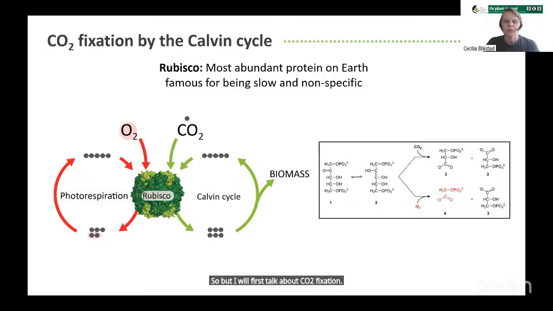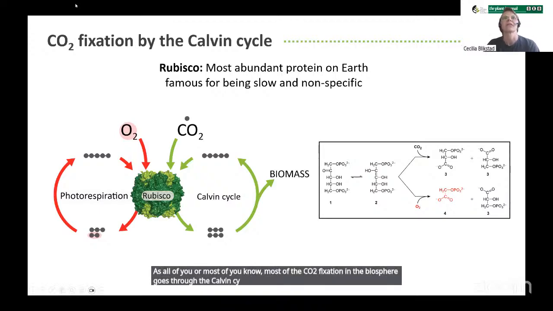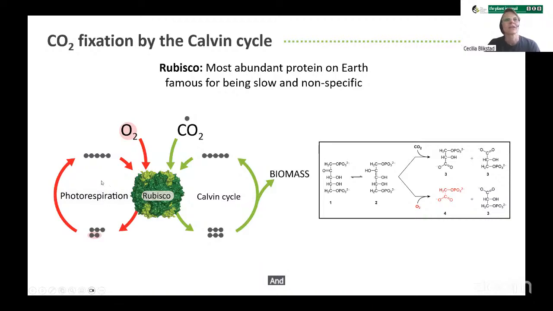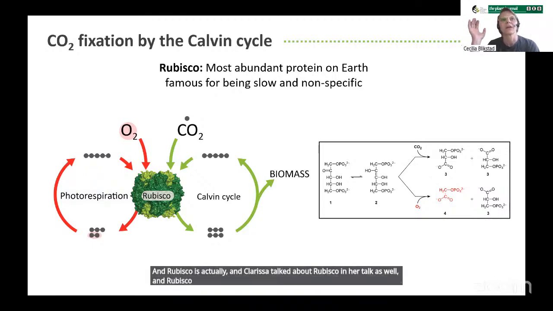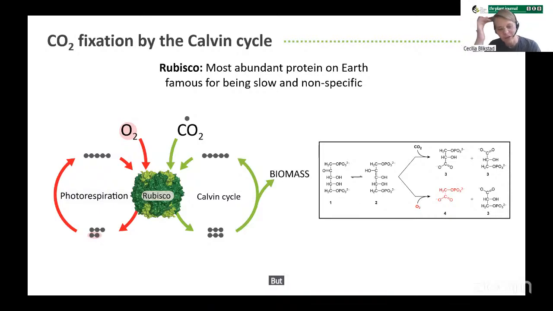As most of you know, most of the CO2 fixation in the biosphere goes through the Calvin cycle and via the enzyme Rubisco. Clarisa talked about Rubisco in her talk as well. Rubisco is actually the most abundant protein on Earth, but it is famous for being a bit slow and, importantly, non-specific.